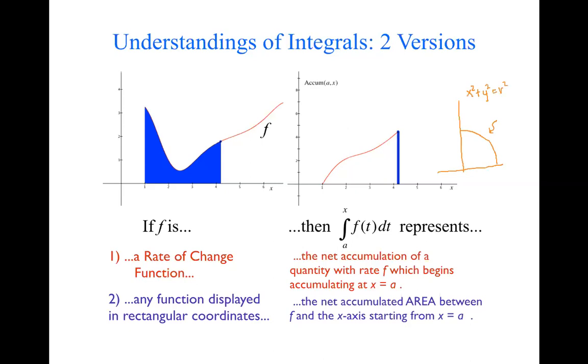But I'm only looking at x between 0 and r and only y between 0 and r. This is the equation of a circle with radius r, and this is 1/4 of it. So if I solve this for y, since this part fits the definition of function, it would be the square root of r squared minus x squared. I'm not going to do the implicit differentiation.